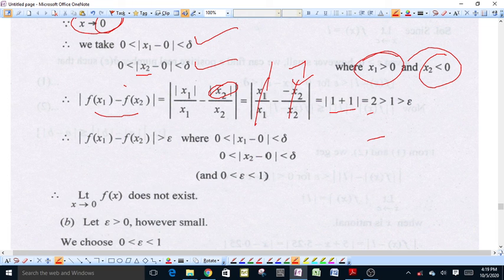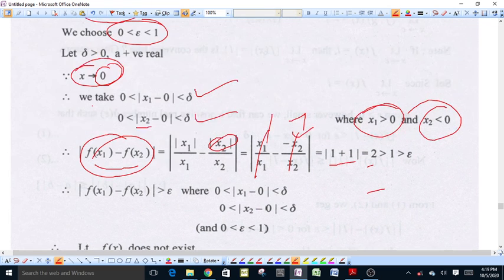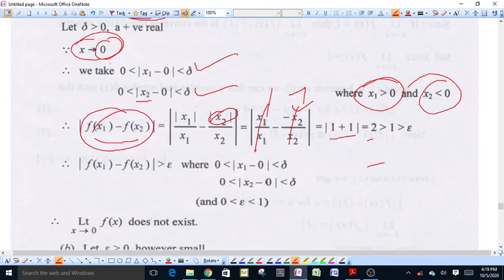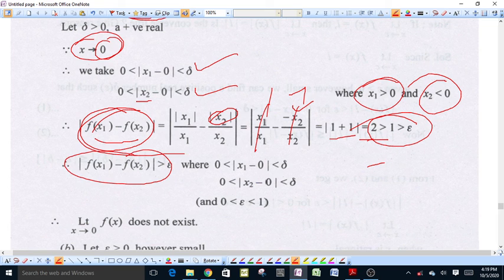This |f(x1) - f(x2)| is 2, which is greater than 1. Suppose we have already taken epsilon as less than or equal to 1. This means |f(x1) - f(x2)| is equal to 2, which is greater than epsilon whenever |x1 - 0| is less than delta and |x2 - 0| is less than delta.